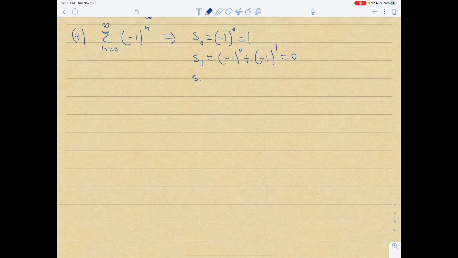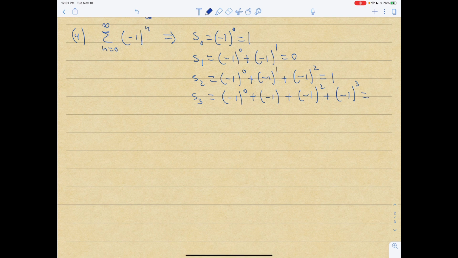S2 is minus 1 to the 0 plus minus 1 to the 1 plus minus 1 to the 2. First two terms cancel just like in the previous line, and then there is also an extra minus 1 squared, so that is 1. One more, S3, minus 1 to the 0 plus minus 1 to the 1 plus minus 1 to the 2 plus minus 1 cubed.